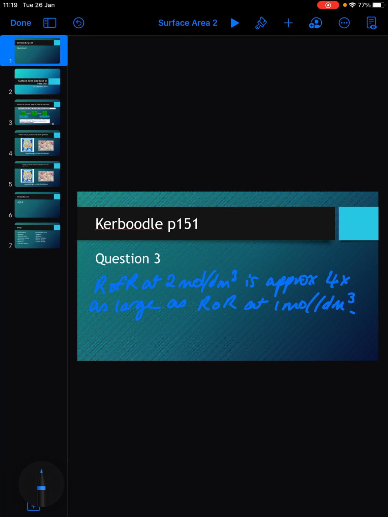So in fact, let's write what they are here. Rate of reaction at 1 mole per decimeter cubed equals 0.014 per second. Rate of reaction at 2 mole per decimeter cubed equals 0.059 per second.